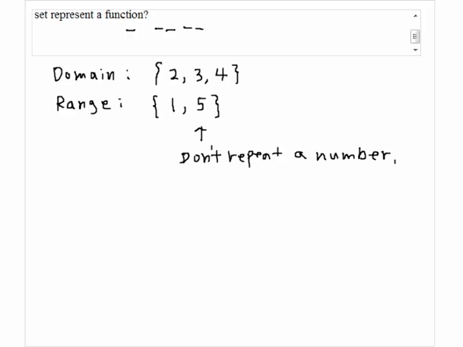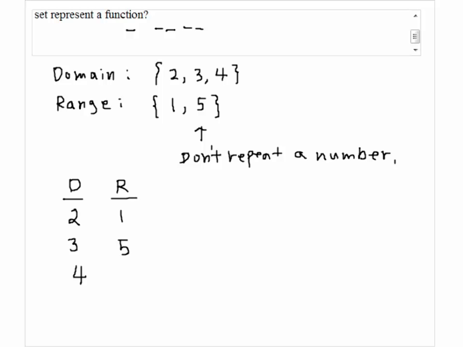To determine if the set represents a function, first list all the domain and range values vertically. So 2, 3, 4 for the domain, and 1, 5 for the range. Now we are going to match the domain and range. The first ordered pair says 2, 1.